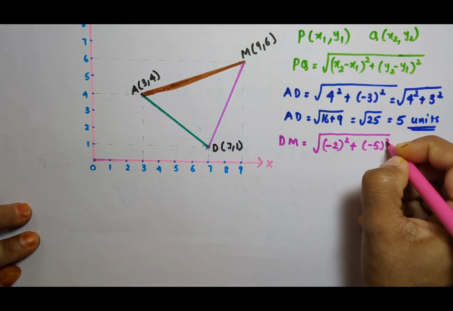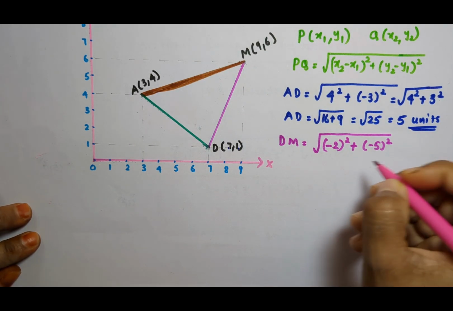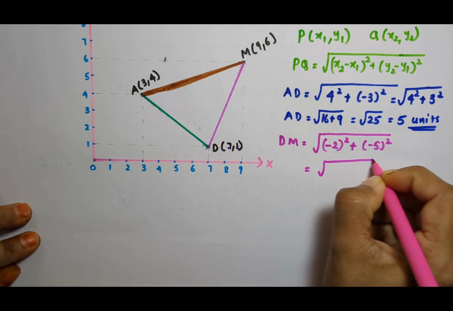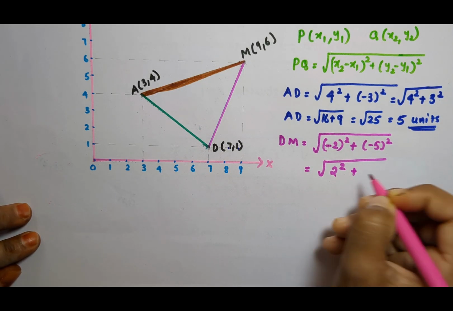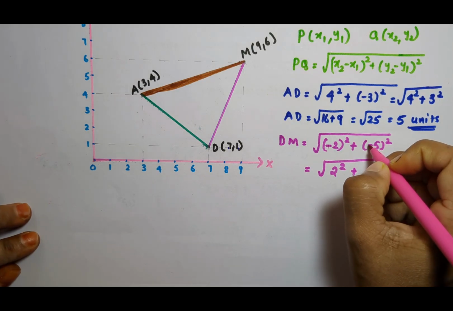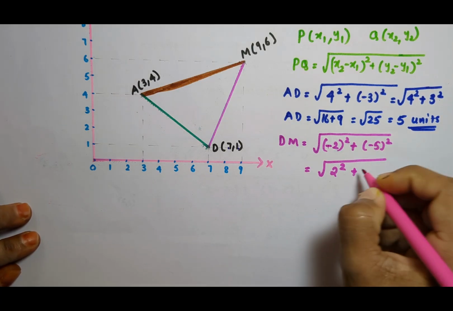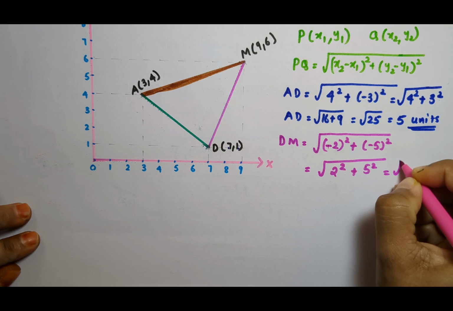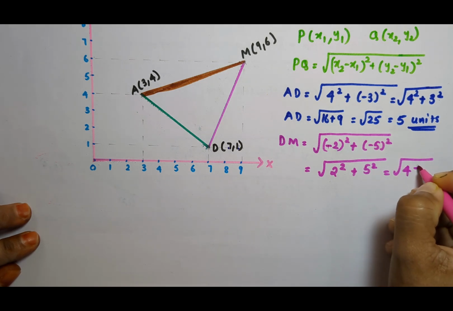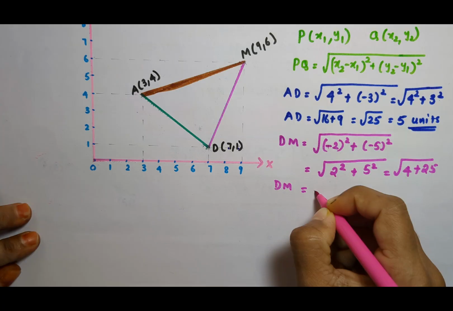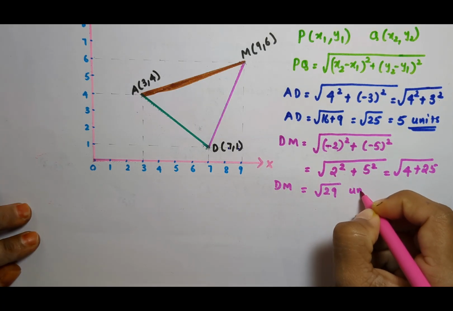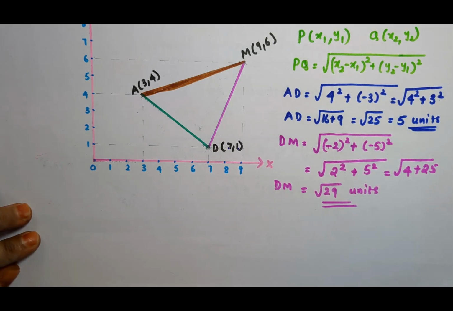So minus 5 all square. This becomes square root of, minus square is plus, so plus 2 square plus, when we take the square of minus 5, it becomes plus 5 square. That is square root of 4 plus 25. That is DM equals square root of 29 units.